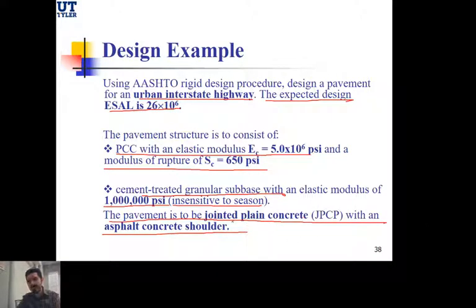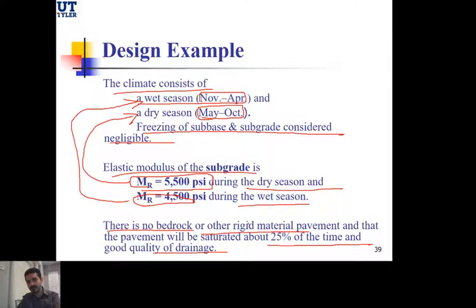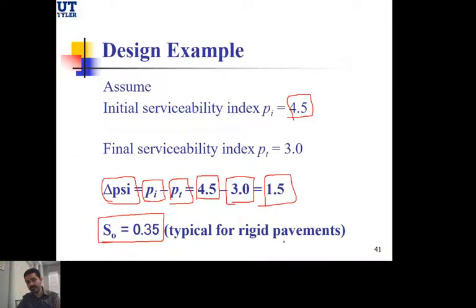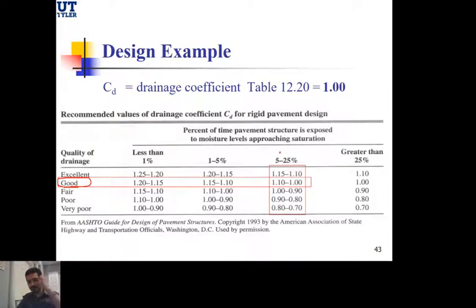This is just to make sure we picked the right J value, but also the structure will be saturated about 25% of the time. That number 25 is what's going to trigger the value for the CD value. So here it is from 5 to 25, and the drainage coefficient is somewhere between 1 to 1.1. In this case, I picked 1.